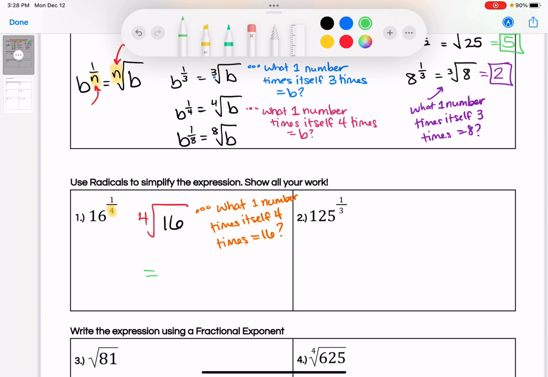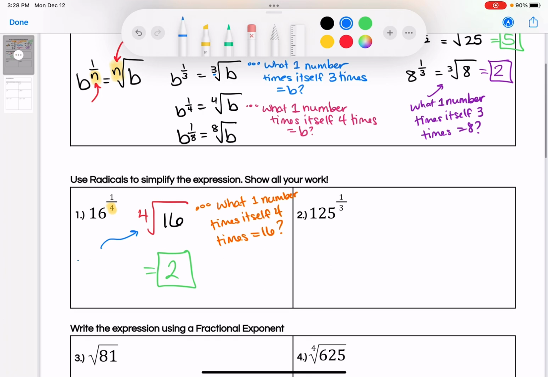So this equals 2. Now, if you're wondering how to use your calculator to help you once you get to this idea, you have to write this step that says the 4th root of 16, no matter what. That's a required step. But if you're having a hard time figuring it out after that, you can use your calculator. In order to type in a root other than a square root, you need to use the little button with the X root in front of it.